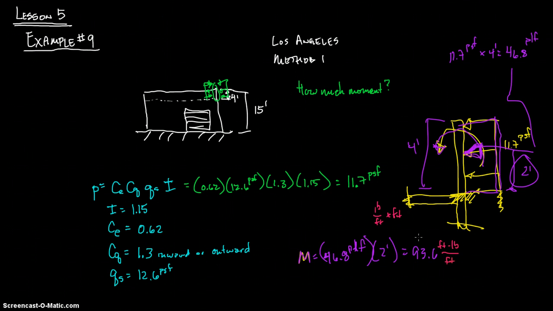So every linear foot of that wall you're going to have to design for 93.6 foot-pounds. I hope that makes sense, because once you get into concrete design, you'll have to do it like that, or whatever type. This might be a steel frame, so you would have to distribute that over. But that's your answer, 93.6 foot-pounds per foot. I hope it's not too confusing.